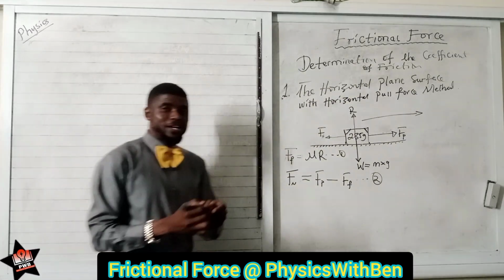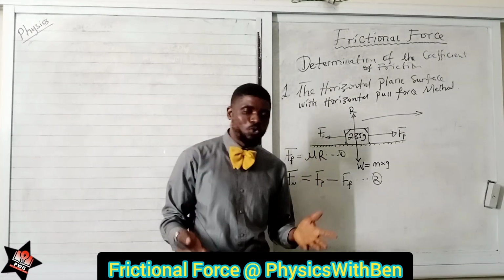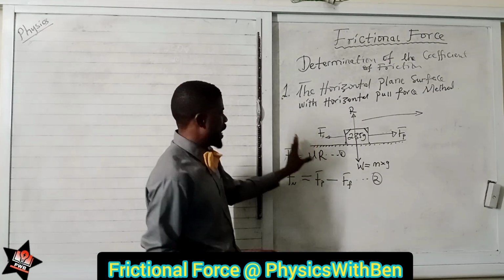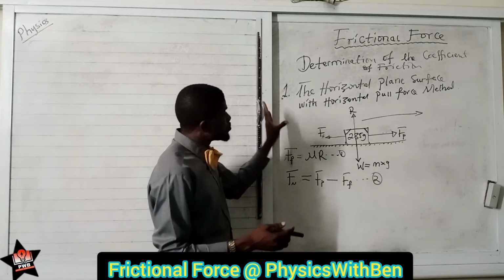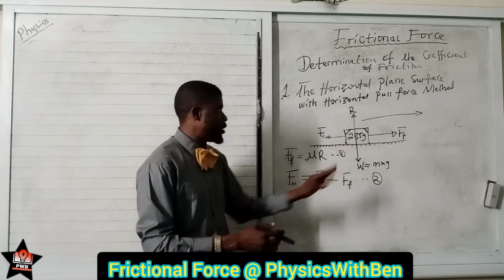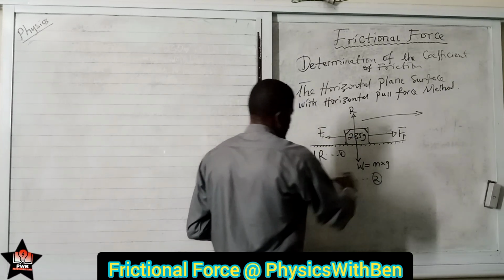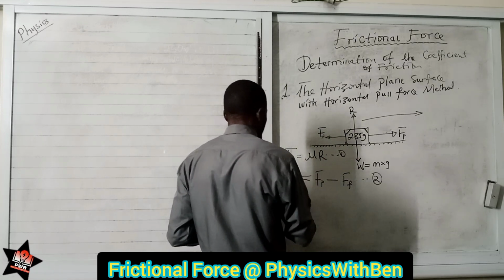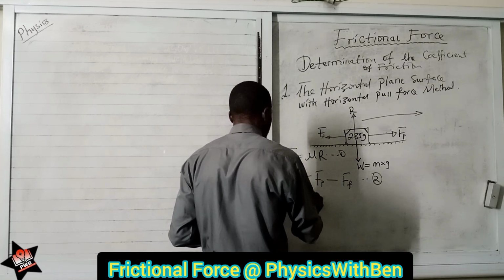There are moments examiners may ask you to calculate the net force. This is how to go about it for this type of arrangement, this method. Next up, we want to equate the normal reaction with this. So we are free to write that the normal reaction R is equal to the weight.